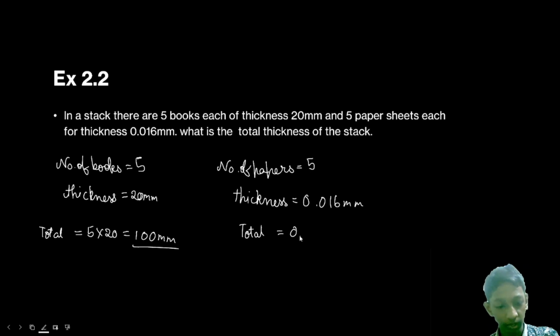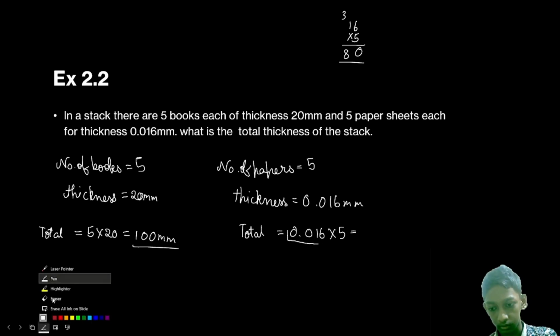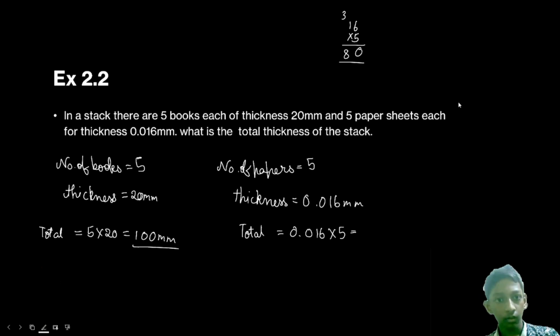Total thickness of paper is equal to 0.016 into 5. Let's calculate it. Let's write 16 into 5: 5 sixes are 30, and 5 ones are 5, giving 80.